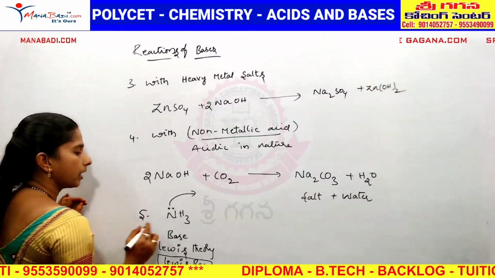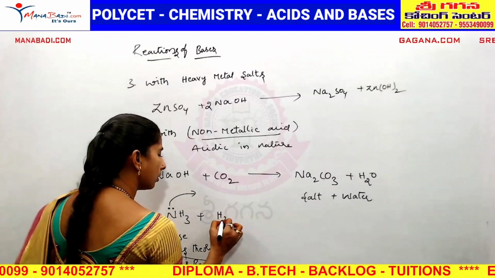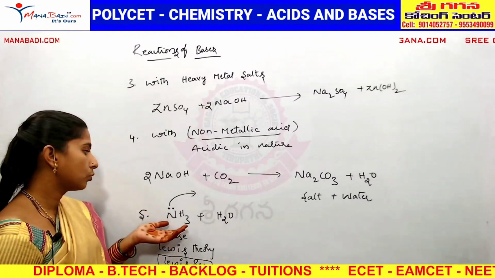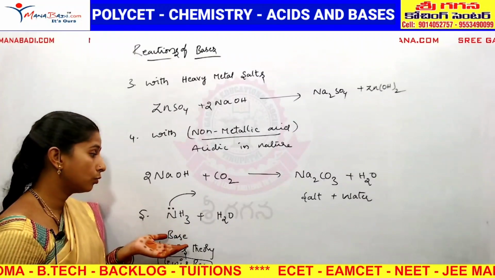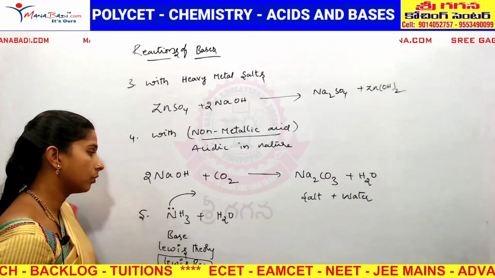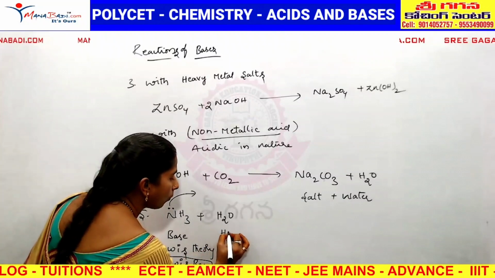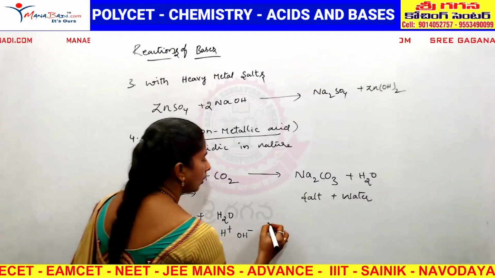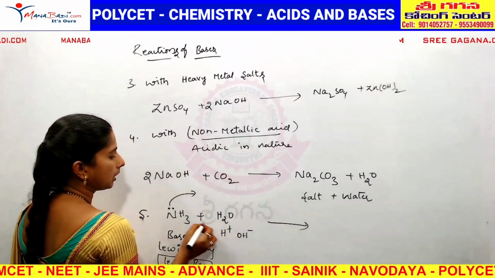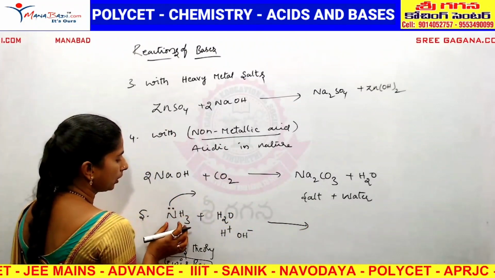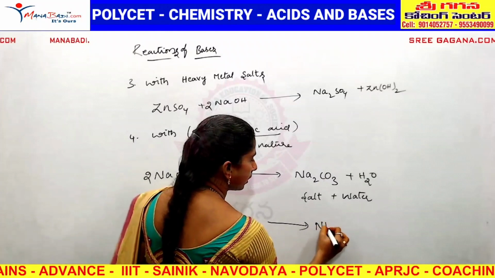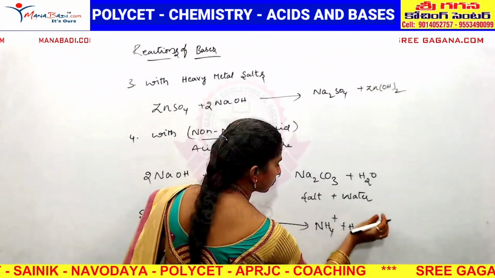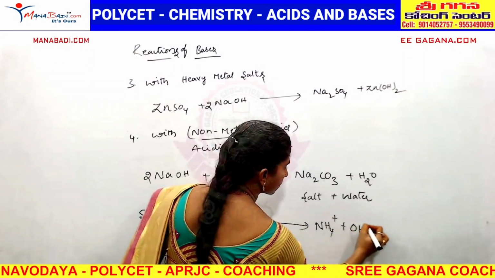Now when this base reacts with water, there are no OH minus ions to release. So what is going to happen? Water means one H plus ion and one OH minus ion. The H plus ion adds to the ammonia, forming NH4 plus and OH minus.